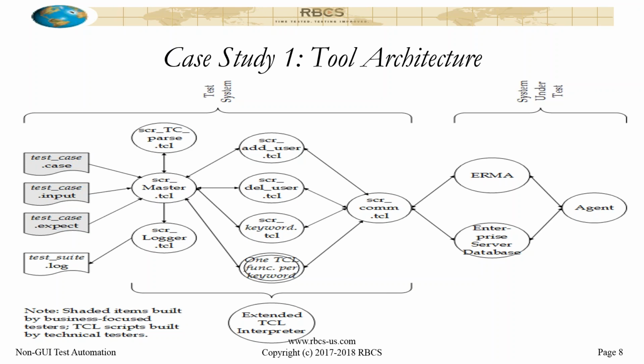Those are the files that say .case, .input, and .expect, which, as you can see from the legend, are the ones that the business-focused testers build. They had to write those originally in a format that could be parsed by the SCR_master.tcl script.